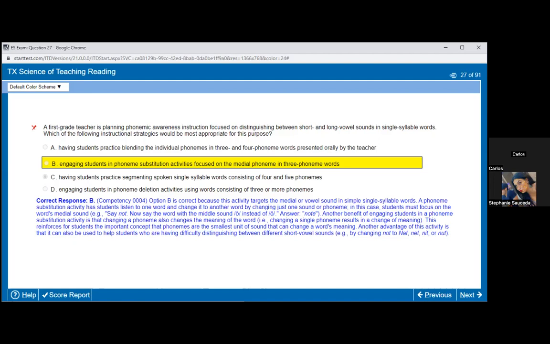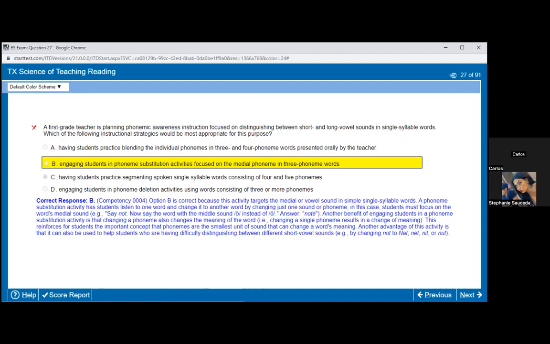Because with multiple phonemes, for instance, cream, right? Cream. It's only one syllable, right? Yes. But you have different vowels there. You have a vowel team.